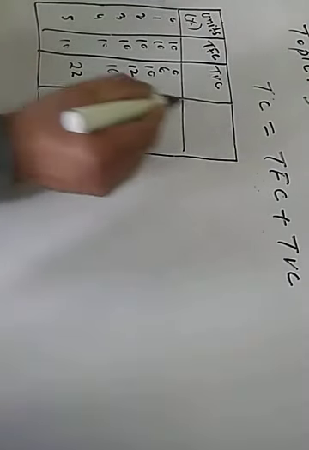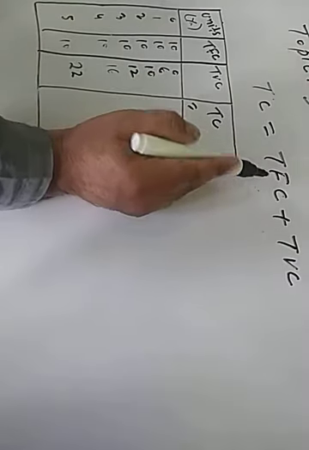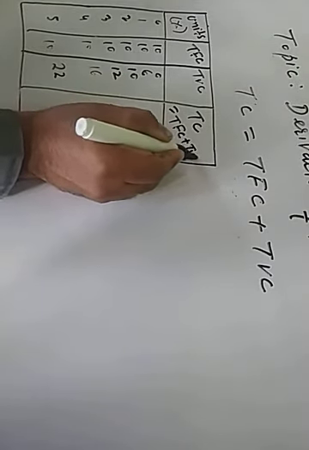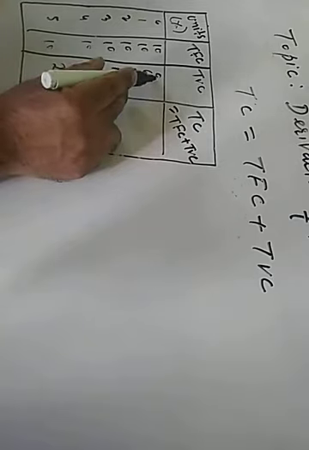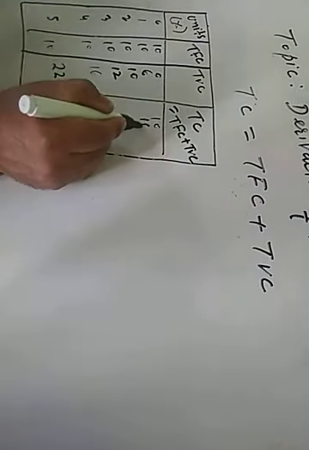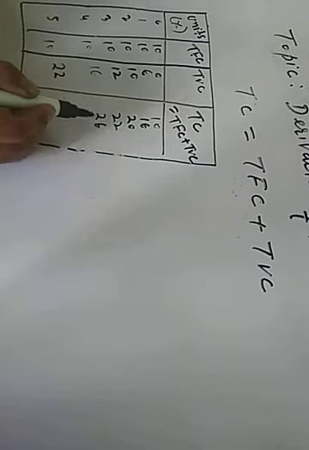And now we will obtain total cost, which is equal to total fixed cost plus total variable cost. It will be equal to 10 plus 0, which is 10. For the other units, it will be 10 plus 6, 16; 10 plus 10, 20 rupees; 10 plus 12, 22 rupees; 10 plus 16, 26 rupees; 10 plus 22, which will be 32 rupees.